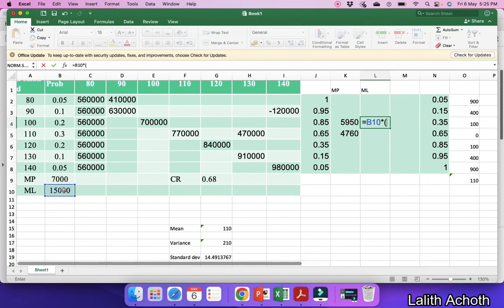Must pay careful attention: 1 minus this. This is the probability that you will make profit. This is the probability that you won't make profit, which is 1 minus that. Similarly, we do this. Please be clear. So, marginal profit into the probability of making profit.